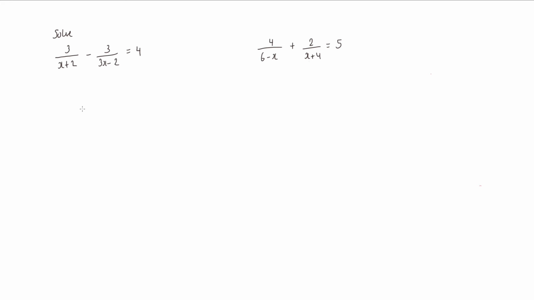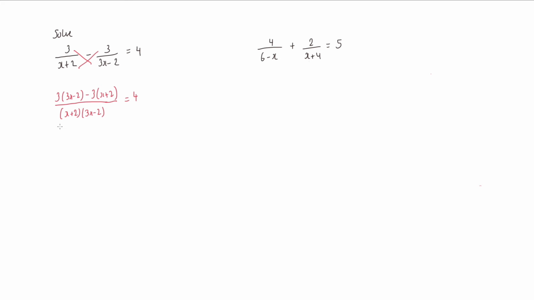We're going to find the lowest common multiple between x plus 2 and 3x minus 2. So that's going to be x plus 2 and 3x minus 2. And then we cross multiply diagonally, so that's going to be 3 bracket 3x minus 2. Diagonally multiply this, minus, careful because there's a minus here, 3 bracket x plus 2. And then that's going to equal 4.